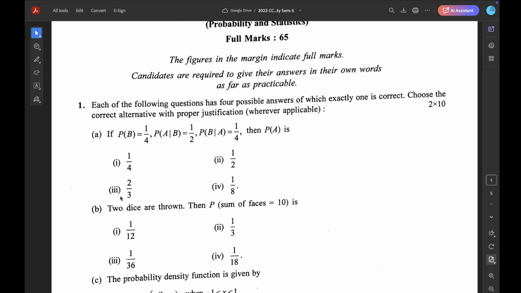Question 1a. If probability B equal to 1 by 4, probability of A by B equal to half, probability B by A equal to 1 by 4, then probability of A is what?